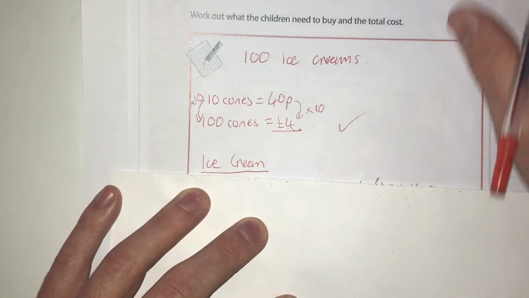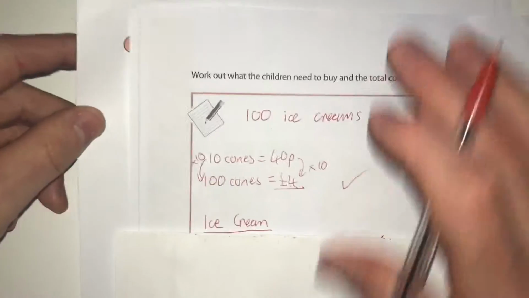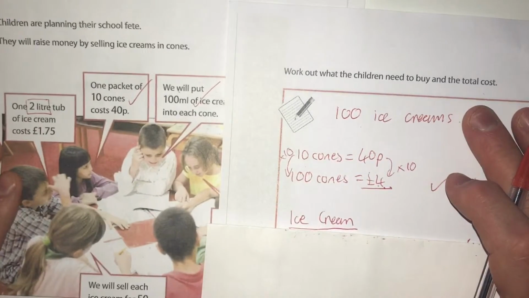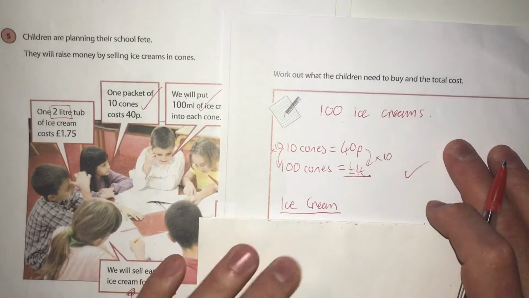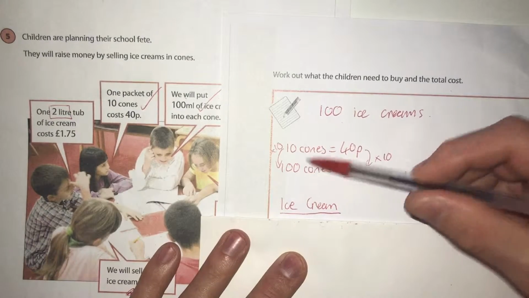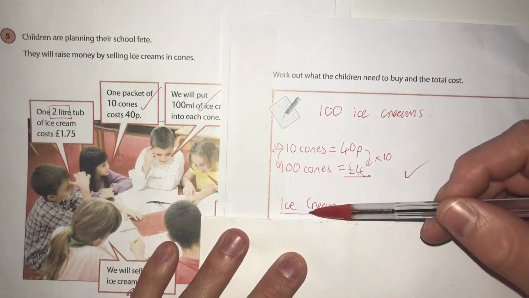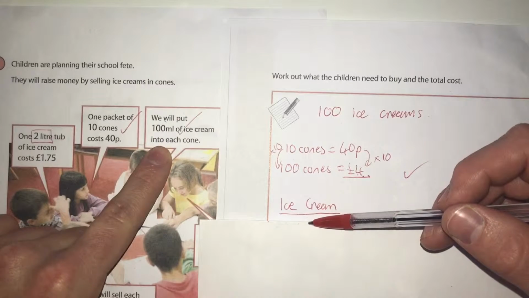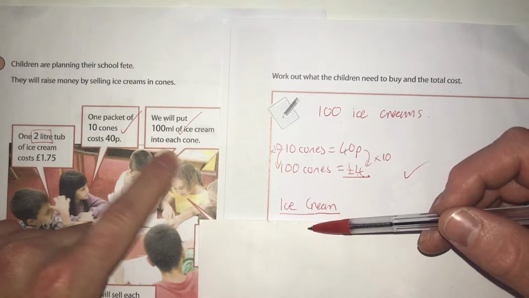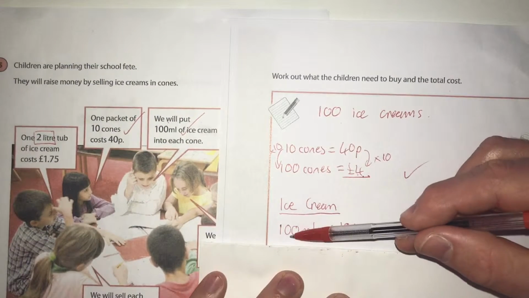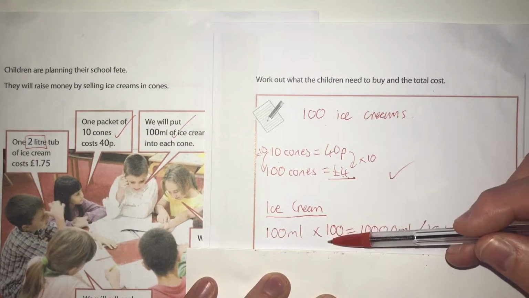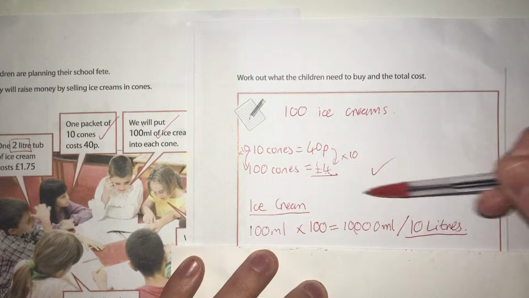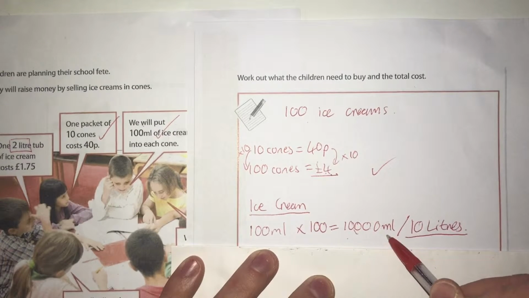Now then, ice cream. So don't forget, you've got all the information over here. So if I just zoom out a little bit, ice cream. We need 100 cones, but how much ice cream is in each cone? That's by here. We will put 100 ml of ice cream into each cone. So I started by doing 100 times 100 milliliters times by 100 cones to find out the total amount of milliliters, which is 10,000.